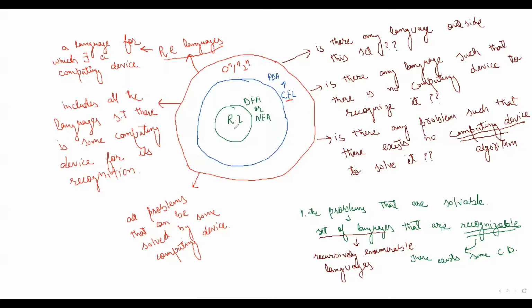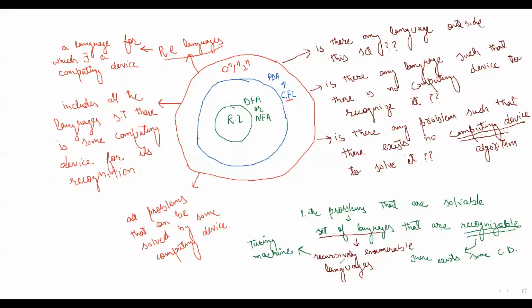Likewise, regular languages are context-free languages as well as recursively enumerable languages. Okay, so this is the first part that we have to discuss. The problems that are solvable, or we can say the set of languages that are recognizable, or recursively enumerable languages. And the computing device for recursively enumerable languages is called a Turing machine.